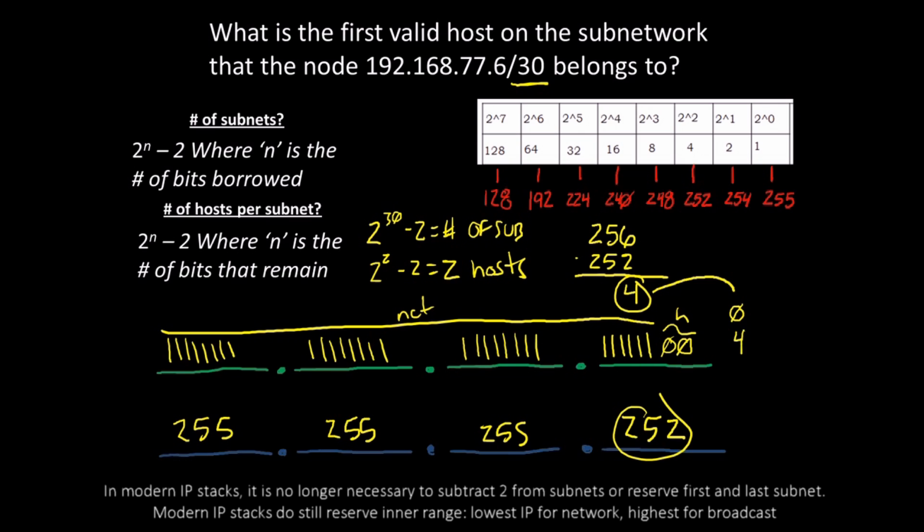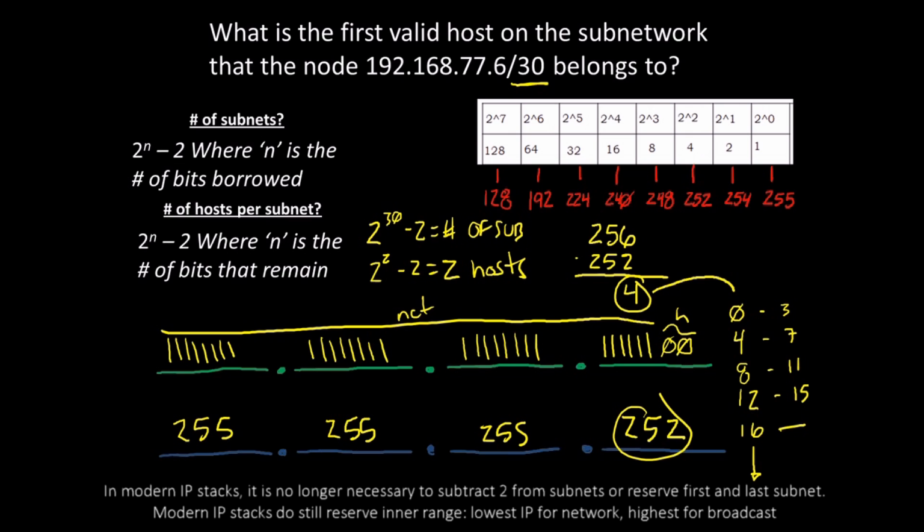0, 4, 8, 12, 16. And I would keep going all the way until I eventually hit 255. I'll go ahead and start filling in these ranges. So that's 0 to 3, and 4 to 7, 8 until 11, 12 until 15, and so on and so forth.